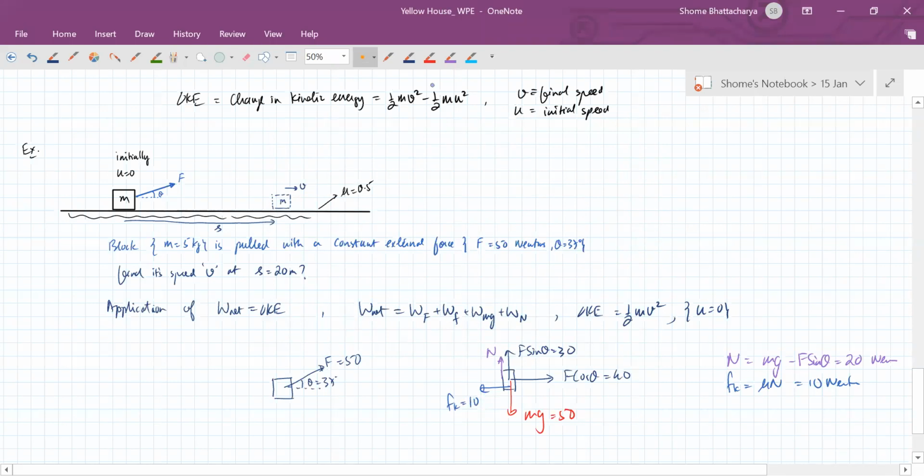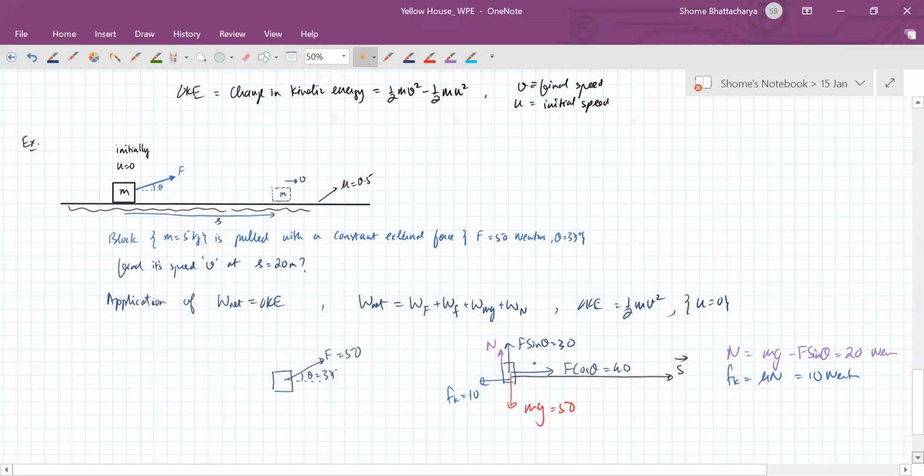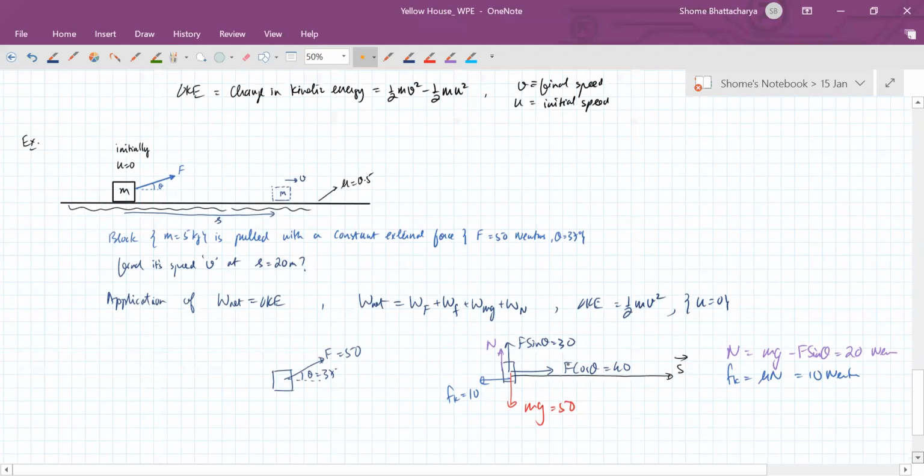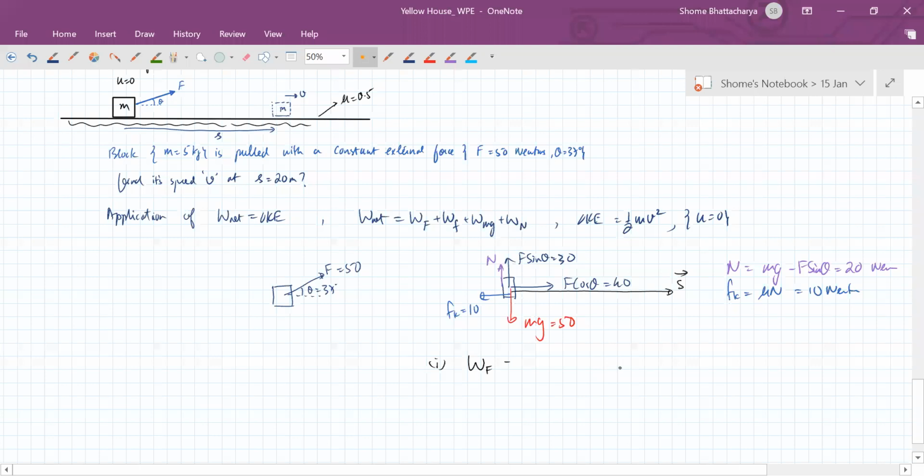Okay. Now under the action of all these forces, the displacement that the block is having is in this direction. The displacement vector is like this. So work done by F will become Fs cos 37.